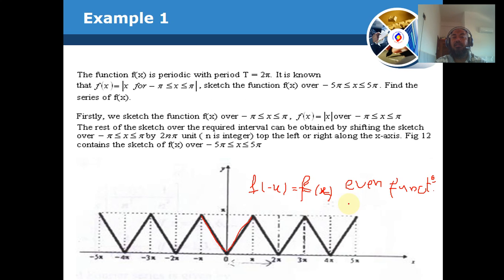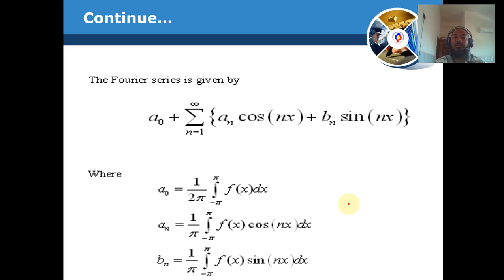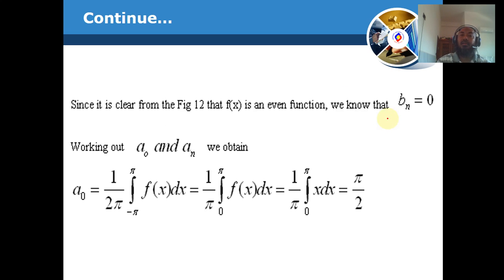Since this is an even function, bn is equal to 0, so we work only with a0 and an.